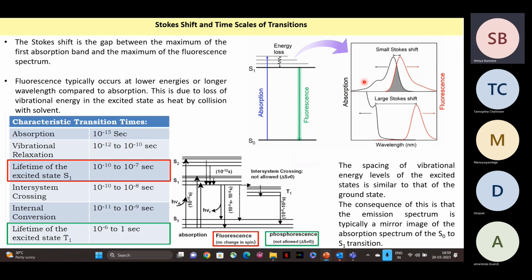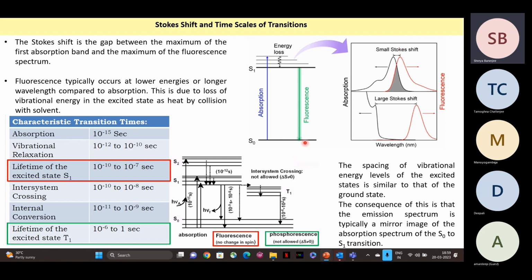If you see the peak of absorption, it is shown by this black line. The peak of absorption has lower wavelength, meaning higher energy, and the peak of fluorescence has higher wavelength, meaning lower energy.